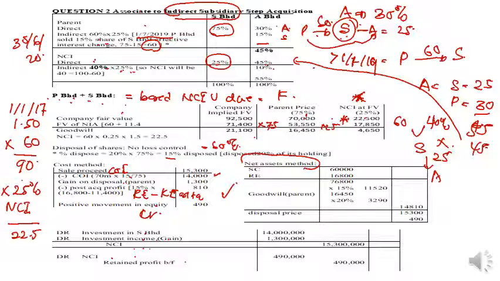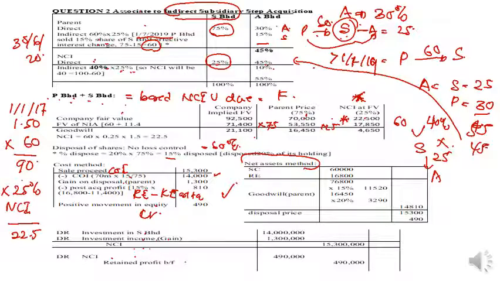The value of the company at the acquisition date, which is on 1st of January 2017, the share price of S here is RM1.50. To find the value here, you times with the number of shares. The number of shares that we have here is 60.